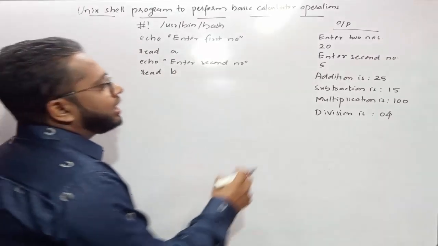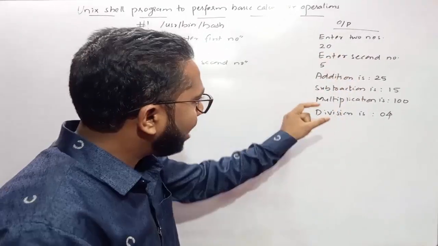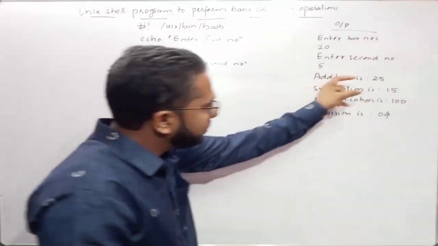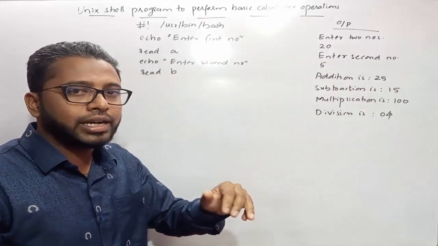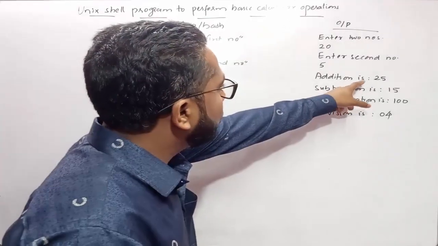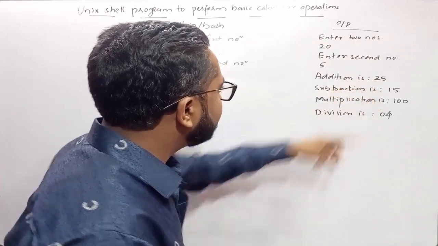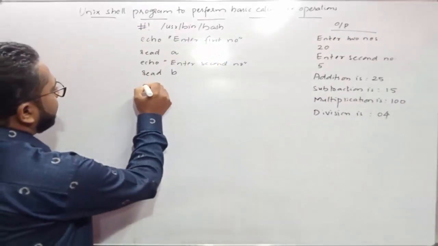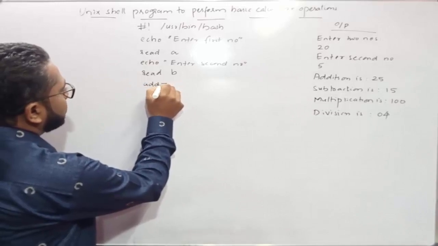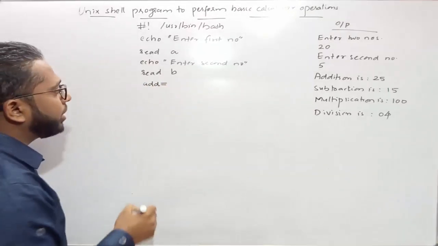Then I need to perform these operations. I'm getting 4 different outputs, so in our program, to store these 4 outputs, I must create 4 different variables. Now to store the value of 25 after addition, I will create a variable, say add. Then I will use the equal or assignment operator.